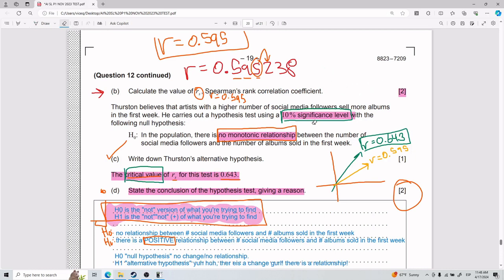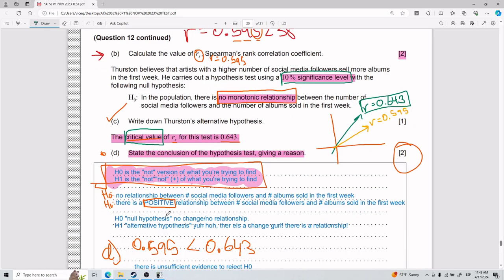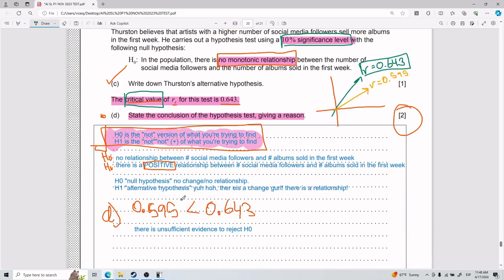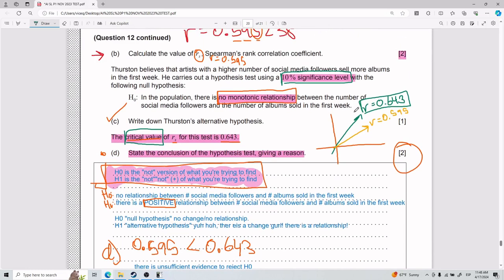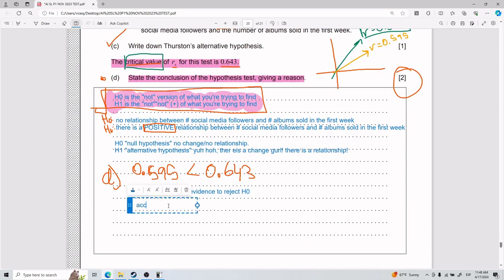Think about the significance level and the p-value as sort of like probabilities or percents. And in this case, you're literally just comparing values, okay? You're comparing the critical value of RS to the value of RS that you got. And so because 0.595 is lower than the correlation that they were asking for, you say, okay, my evidence is not strong enough, so there is insufficient evidence to reject H0, which another way to think about it is that you accept H0.